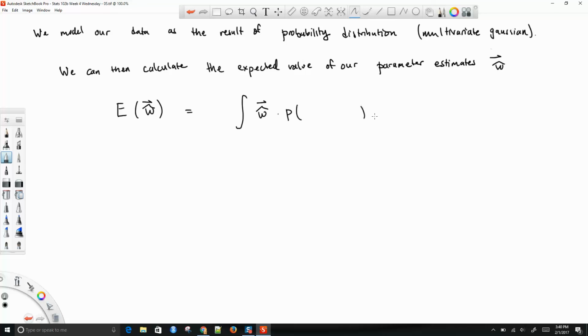Anyway, we'll skip the math, and it turns out the expected value of our estimates is the true model parameters themselves. So the nice result shows the expected value of our parameter estimates are the true parameters.